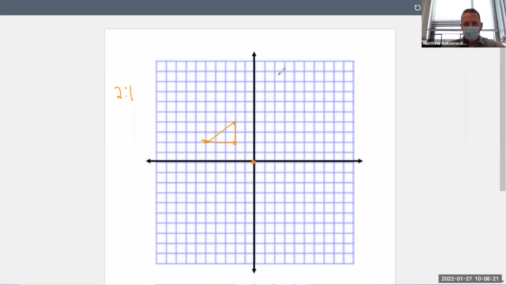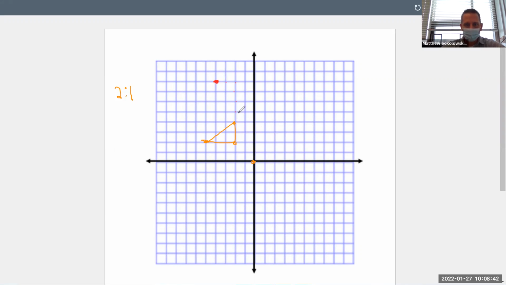So let me take a different color. From here to here, I go up 1, 2, 3, 4, left 1, 2. Do it again. Up 1, 2, 3, 4, left 2. There's my new one.